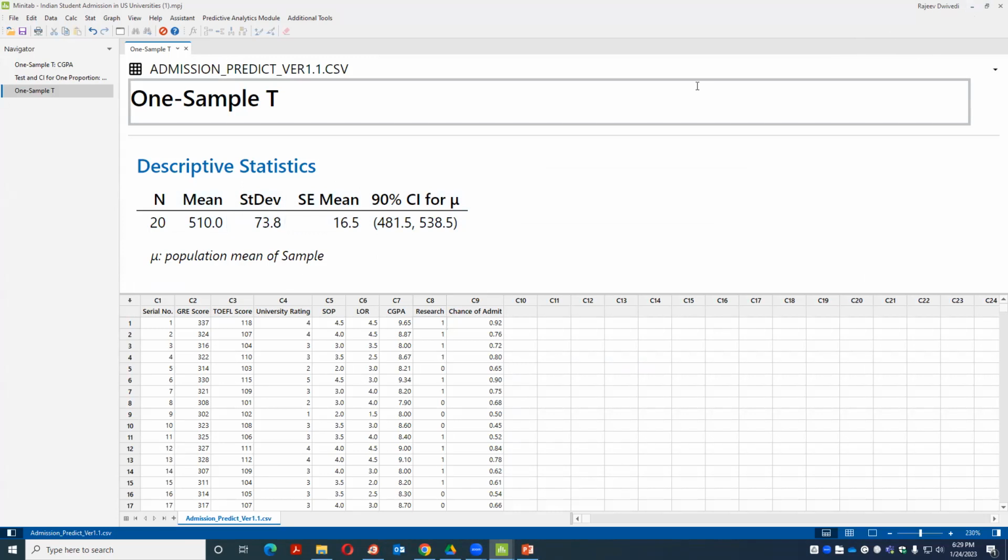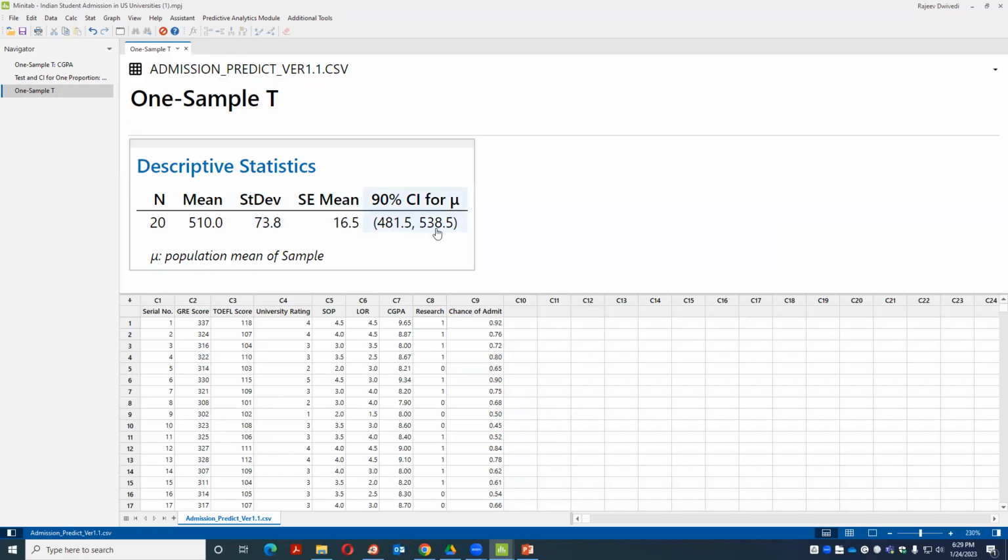With 90% confidence, all students' GMAT scores will be between 481 and 538. So this is the interpretation. With 90%, there is still a 10% chance that it will not be there. I will explain on the whiteboard what this confidence interval is.